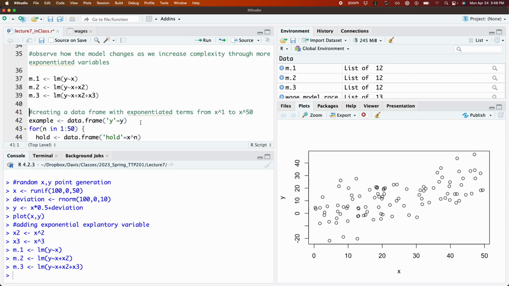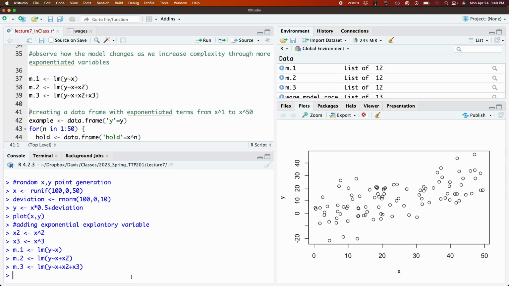As you add more and more variables, by sheer chance you could just decrease the variance of your prediction versus the actual outcome. So that's what I'm doing here. I'm going to regress y on x, and include x squared and x cubed. And in fact, we should see exactly that happening.